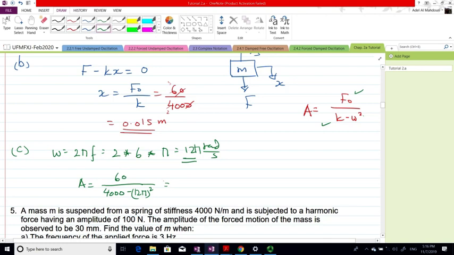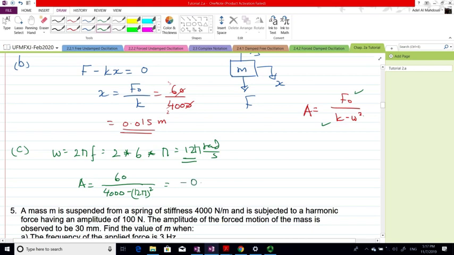So the amplitude may be negative or positive, both will be okay, because amplitude means you can have either positive or negative. You remember a circle. It is 185, isn't it?